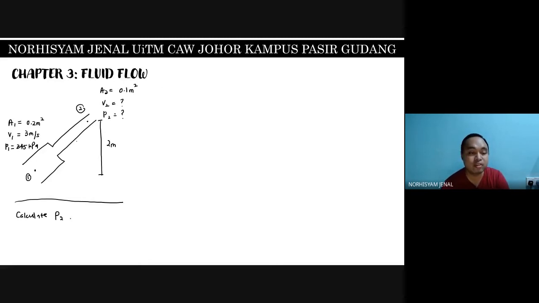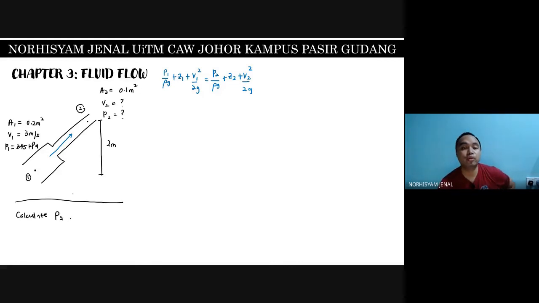If you see a question that looks like this, where the flow is moving from bottom to the top, first of all, we need to write the Bernoulli equation: P1 over rho g plus Z1 plus V1 square over 2g equals P2 over rho g plus Z2 plus V2 square over 2g.